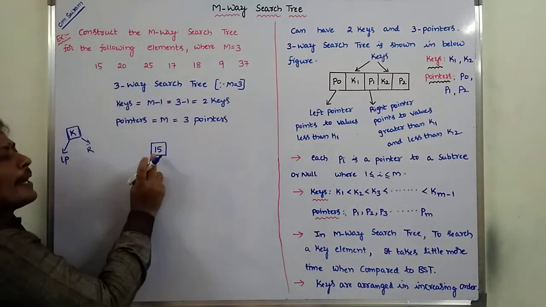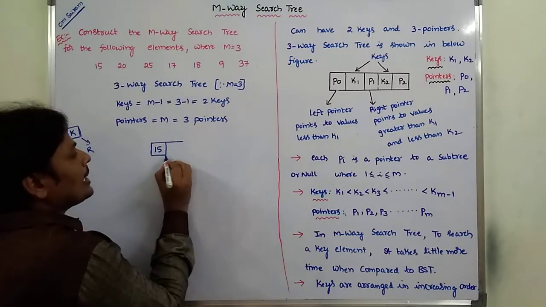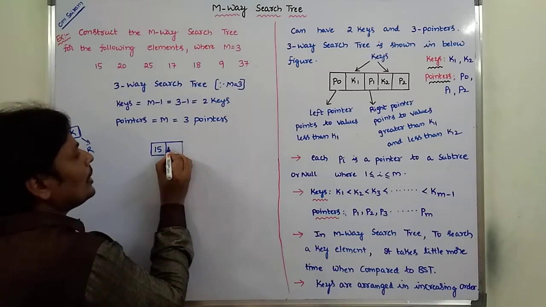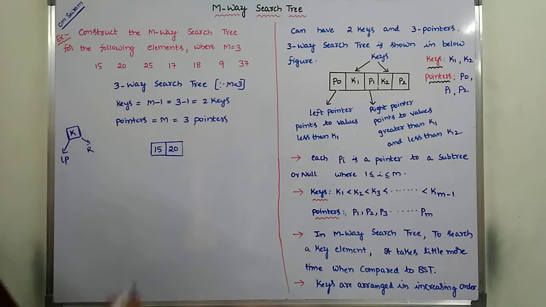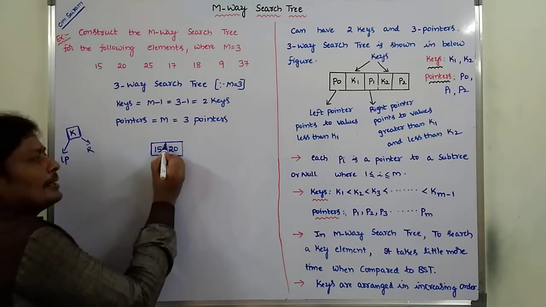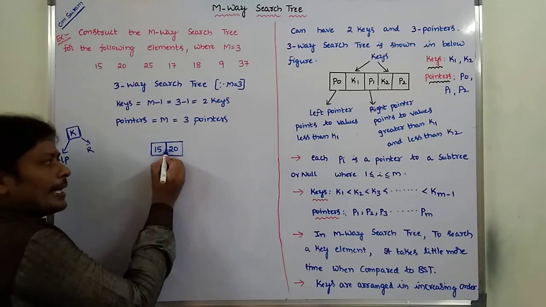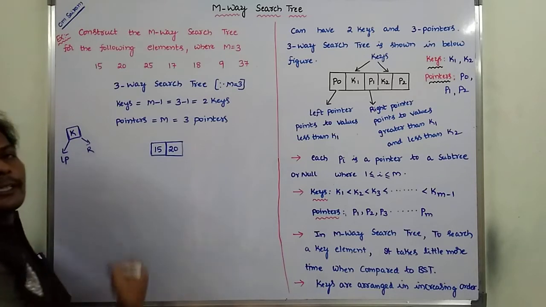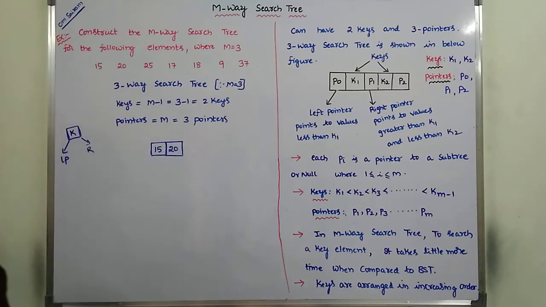So 20 is compared with 15, it is greater, so 20 is located in this node at this place. Now this line represents the left pointer for 15, this line represents the right pointer for 15, this line represents the left pointer for 20 and this line represents the right pointer for 20.